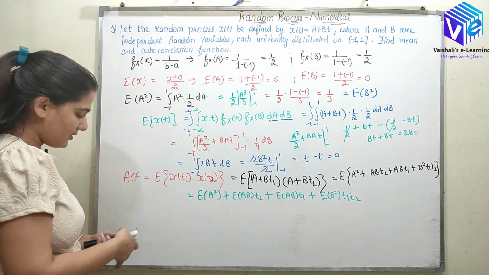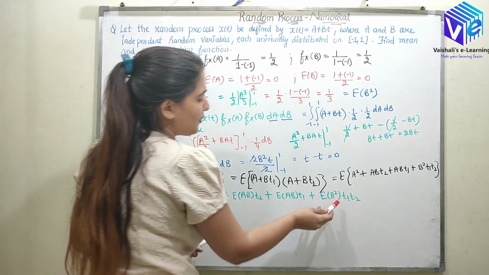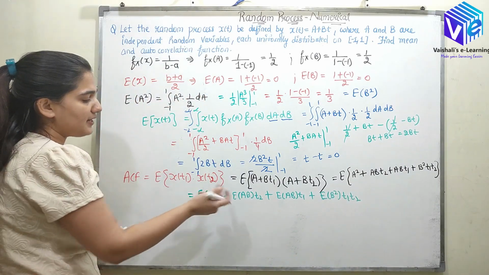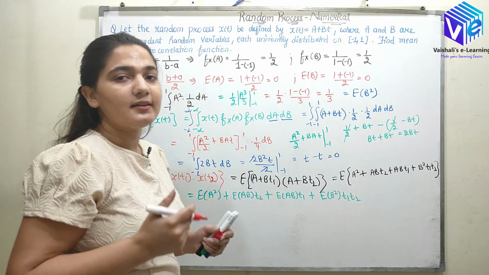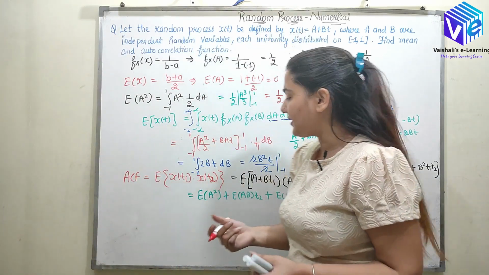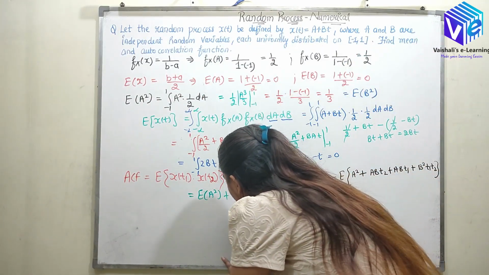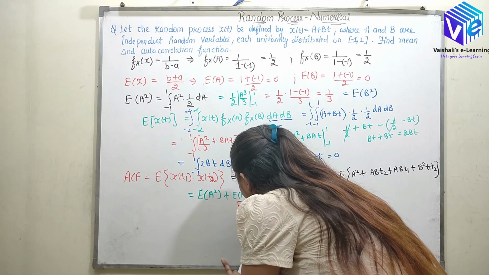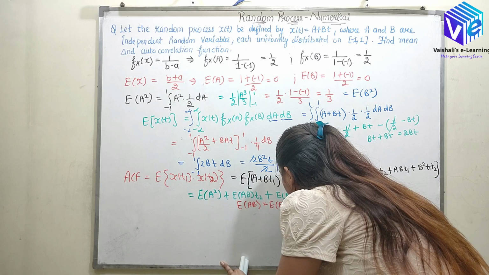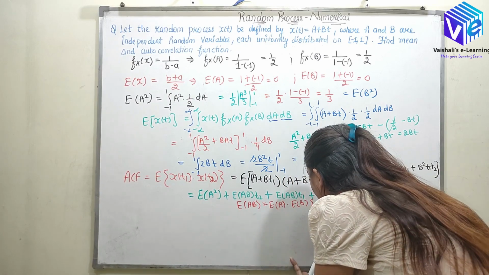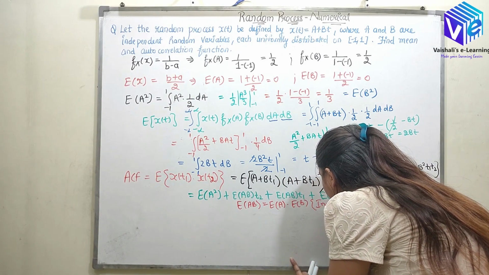I know what E of a square is, I know what E of b square is. I need to find E of ab. It is given in the question that a and b are independent random variables, so E of ab is E of a multiplied by E of b because of the independence condition.